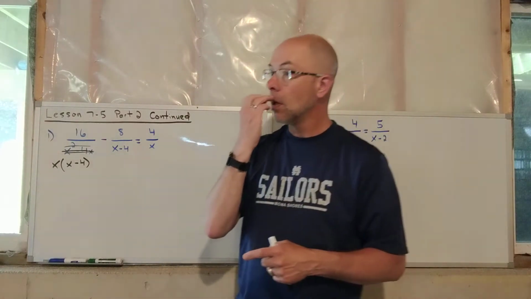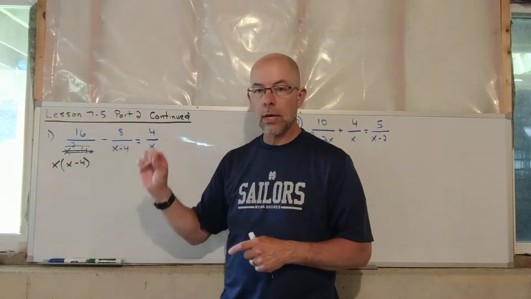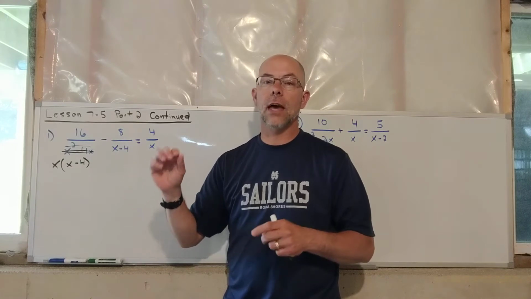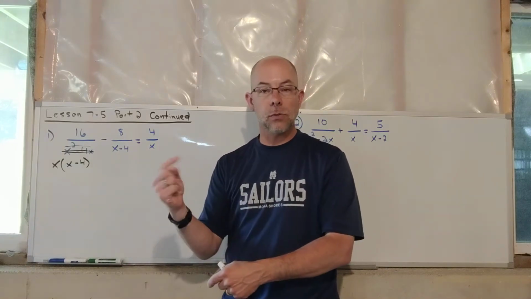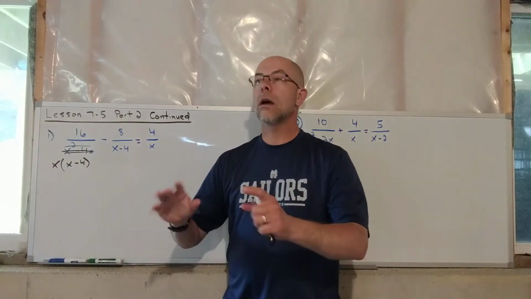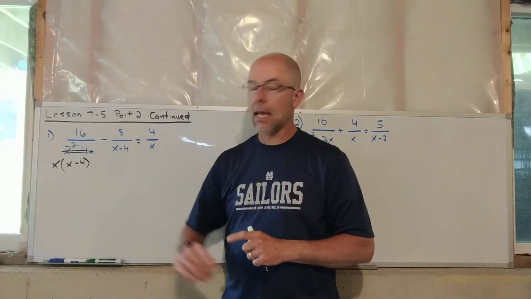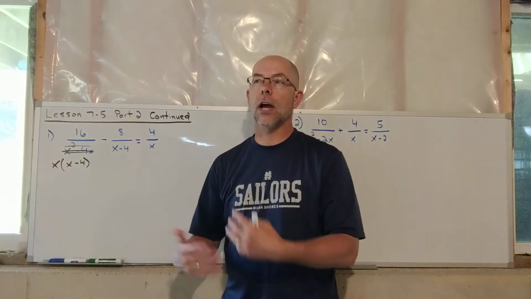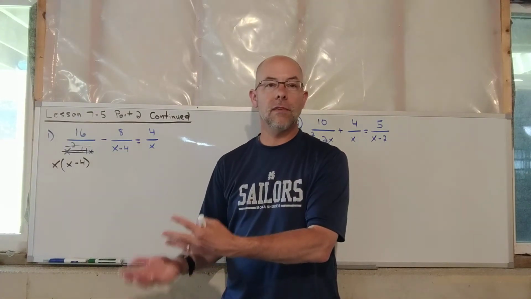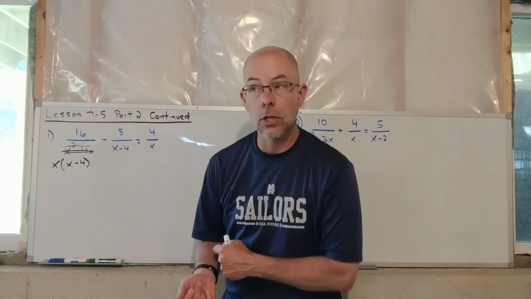Now remember, people, we are not changing to a common denominator. This is called the common denominator method from last week's video. We are going to multiply both entire sides by that common denominator so that the fractions will reduce, and then we can solve a regular non-fraction equation.